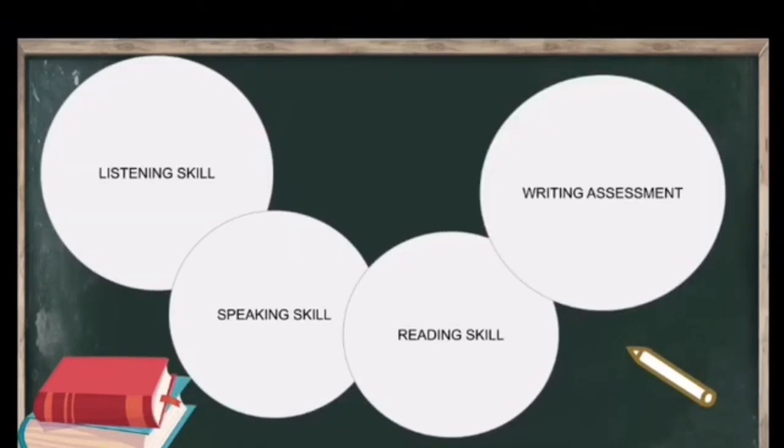And the next is about writing assessment. So writing is assessed by eliciting and examining a sample of writing. The learners can write a sample consisting of a sentence, paragraph, or essay. The sample can be fiction or non-fiction and can be assessed using an analytic or a holistic rubric.